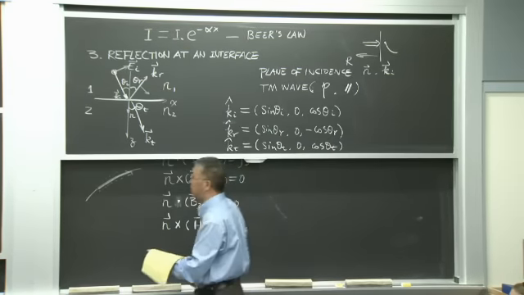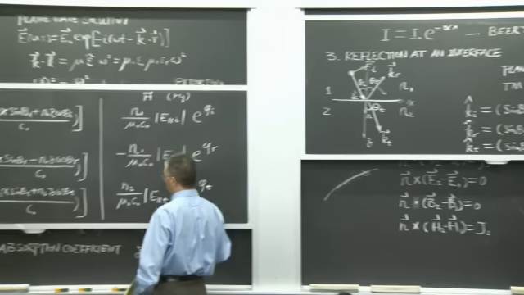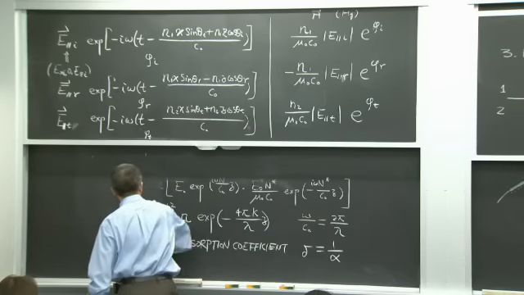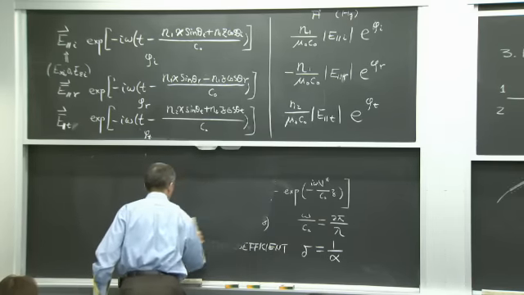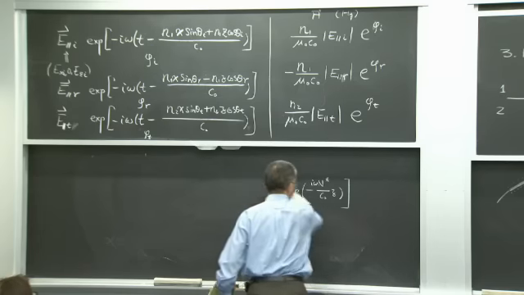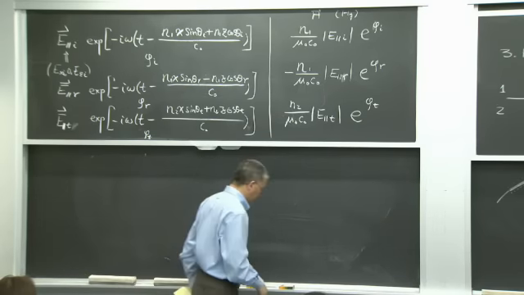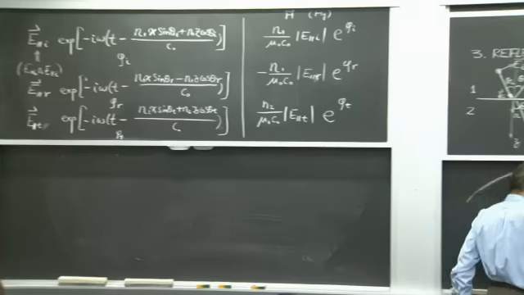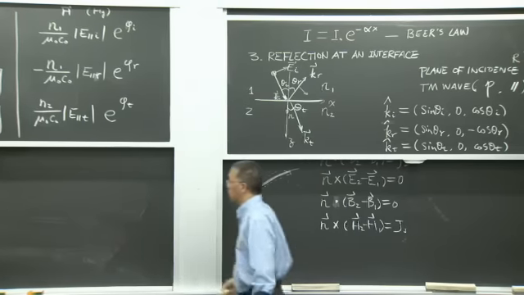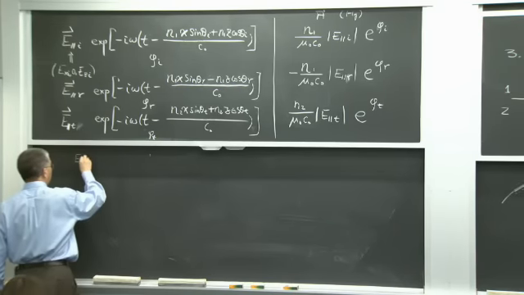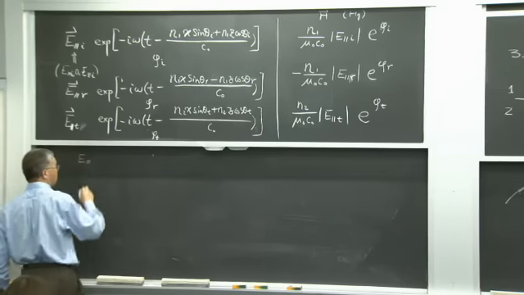What I have here is the tangential component. So the electric field, and my electric field tangential component is E_x, continuous in the x direction, right?